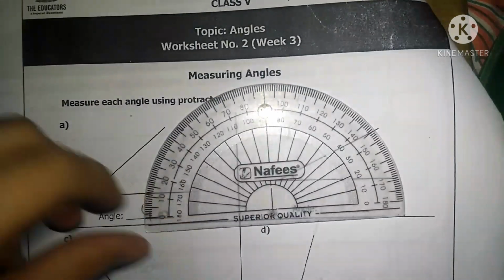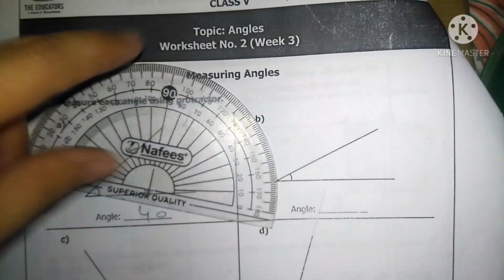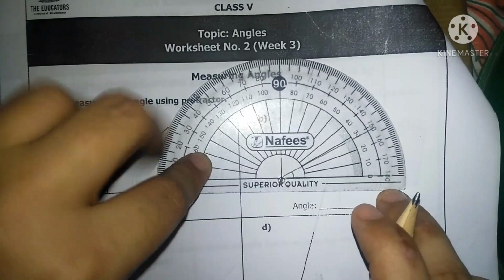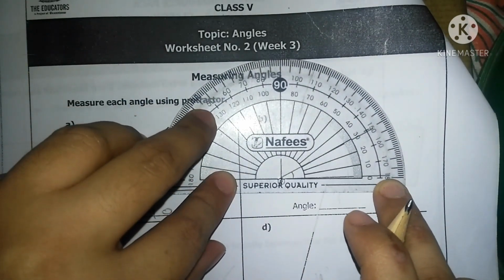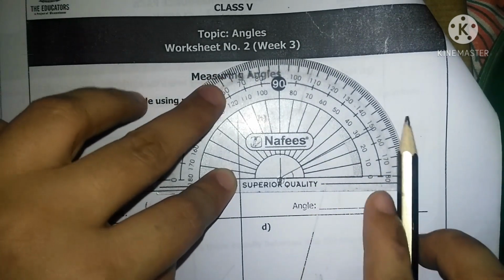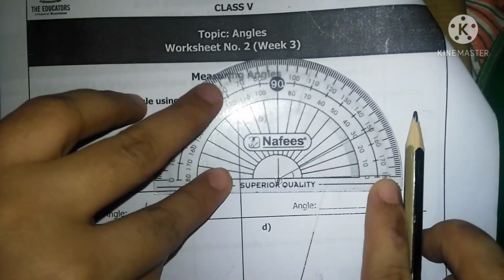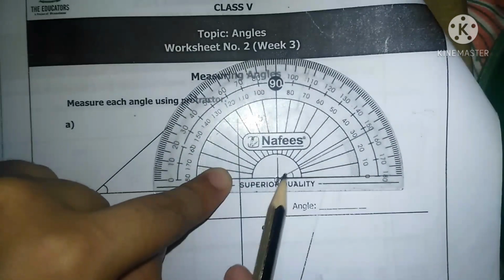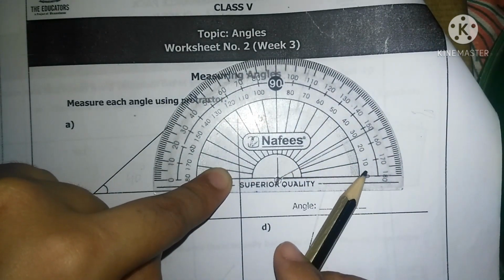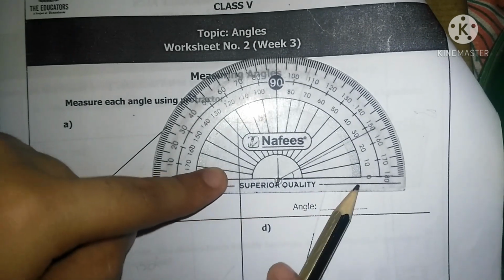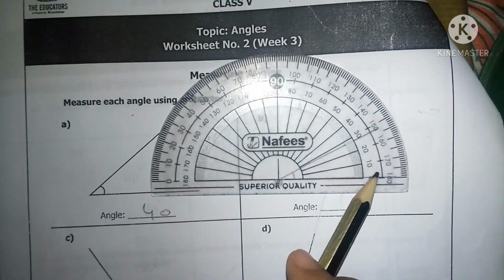Now in the second diagram, you also place the scale on the vertex and see what the angle is. Put it on the vertex, and you can read the inner scale, because the angle is on the left-hand side. So read the scale from the inner side.